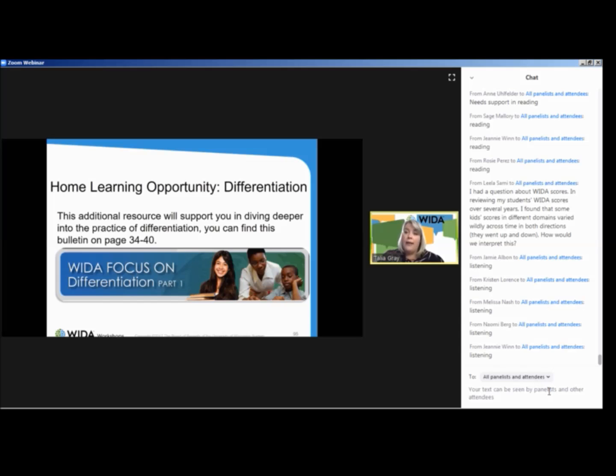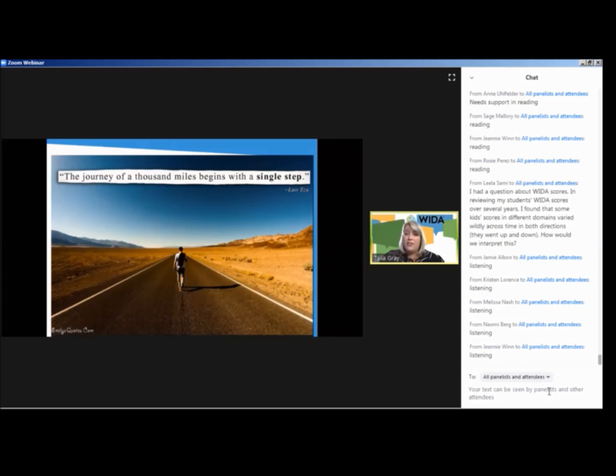You can't just wake up in the morning and be a differentiation superstar. Just like everything else, the journey that you're on starts with a single step. So think about one thing that you can do next year to help differentiate for your students. The more you do it, the more comfortable you'll get with it.